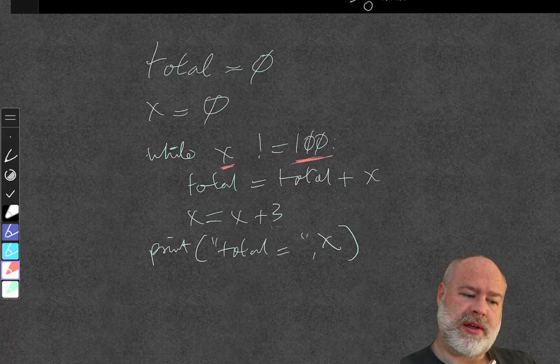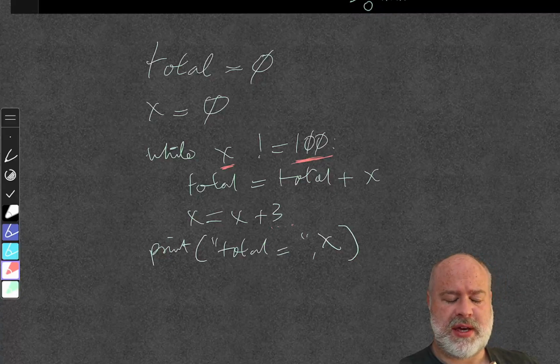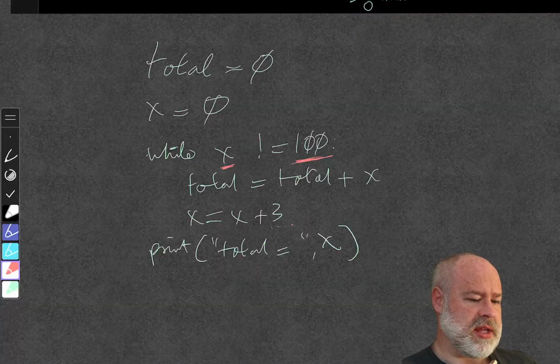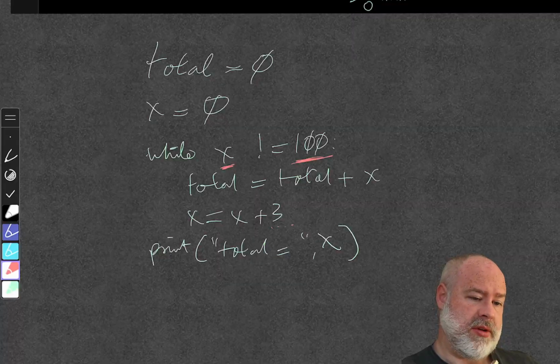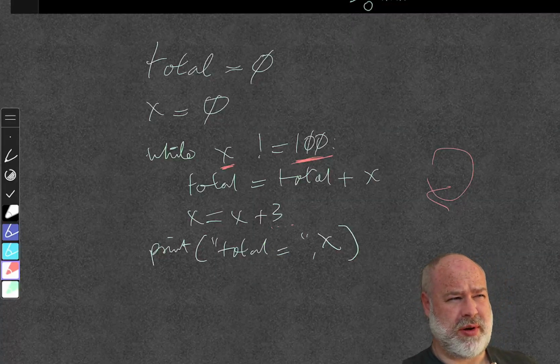If we keep on adding 3, 6, 9, 12, 15, it's not going to get to the point where it's ever going to match that condition. So you've got this program that's just going to be stuck in an infinite loop going round and round.